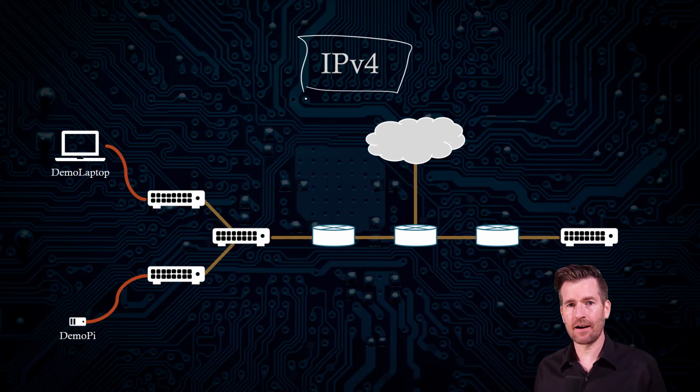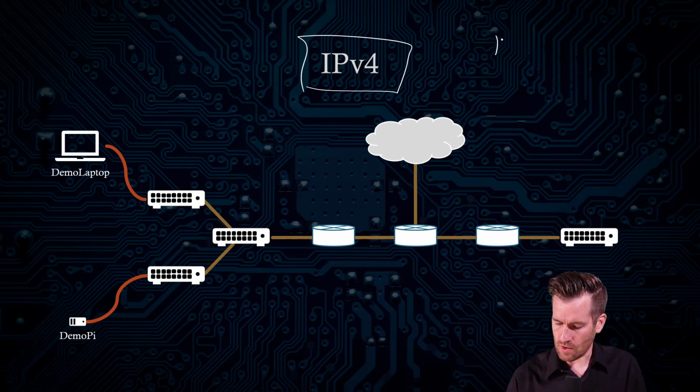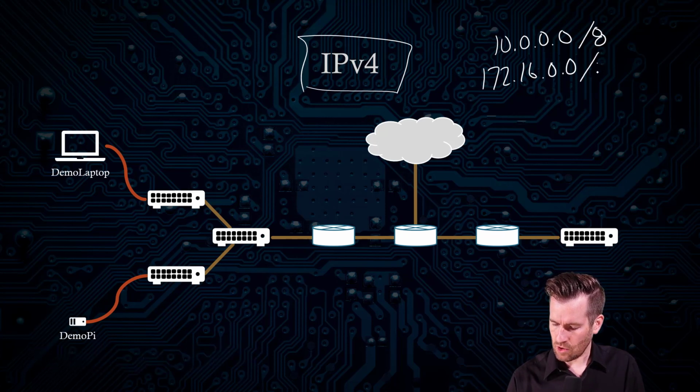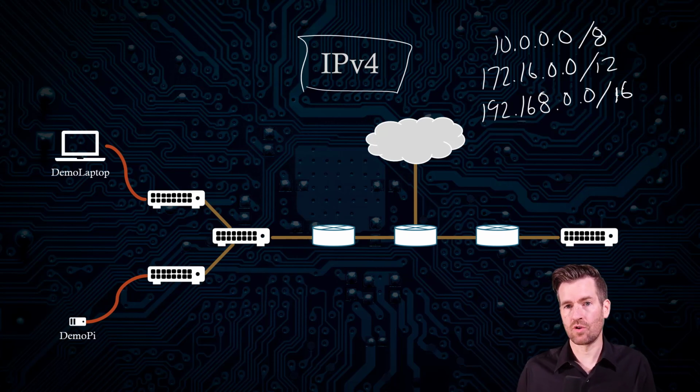That immediately narrows our options down to: we can use a 10.0.0.0/8 range, or we can use a 172.16.0.0/12 range, or we can use a 192.168.0.0/16 range. So those are our options right there.